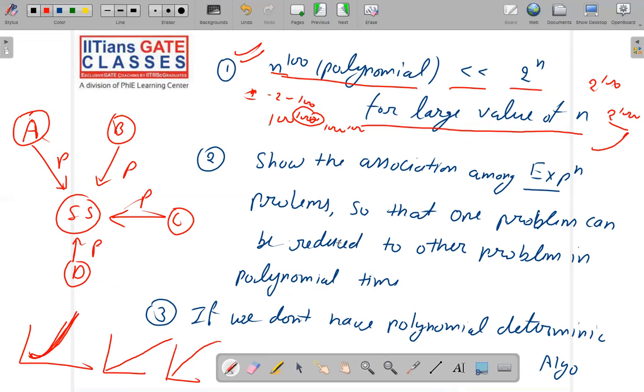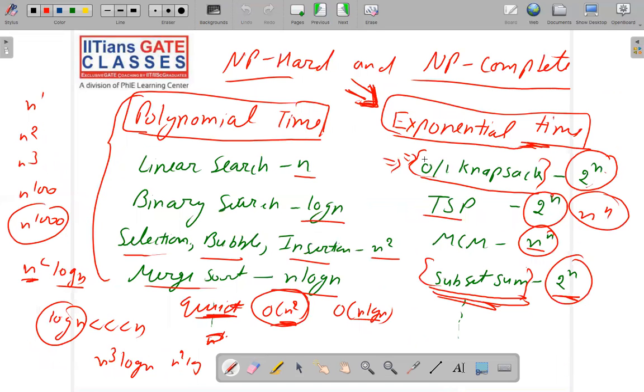Now, suppose you solved an exponential time algorithm in a very good way. Then the researchers won't sit on each and every exponential time algorithm. There are so many variations of the subset sum problem and of 0-1 knapsack.